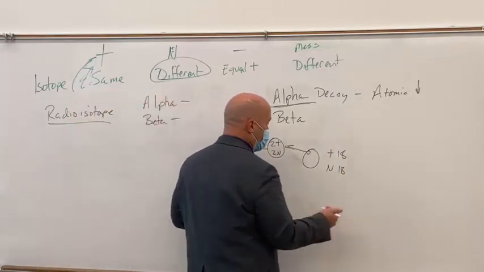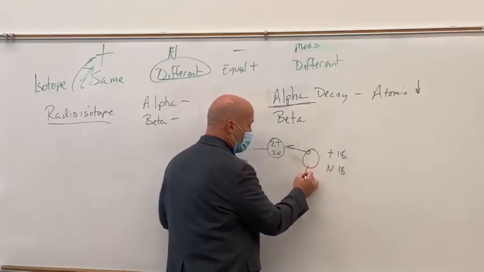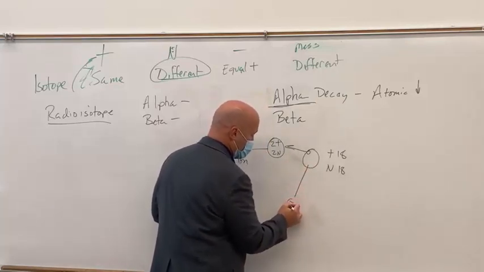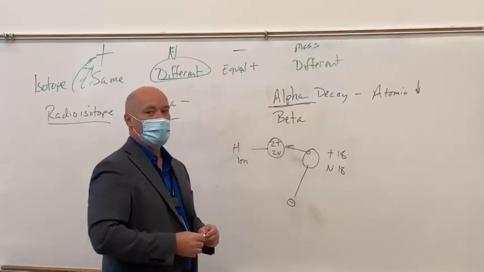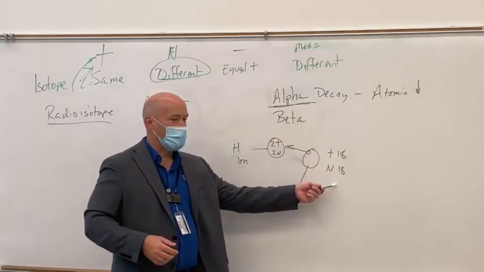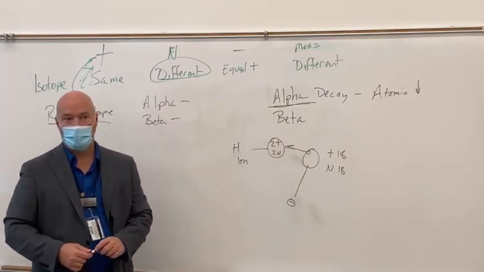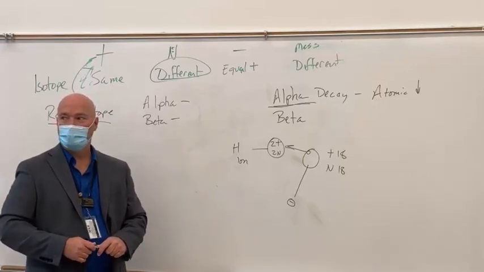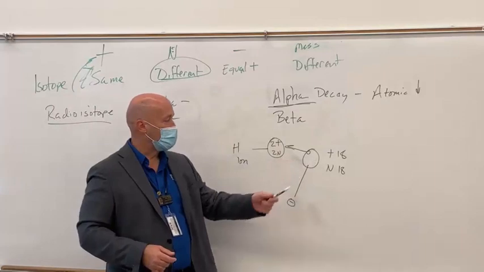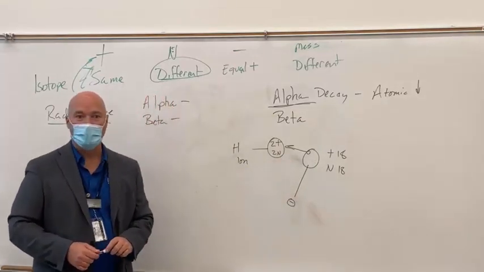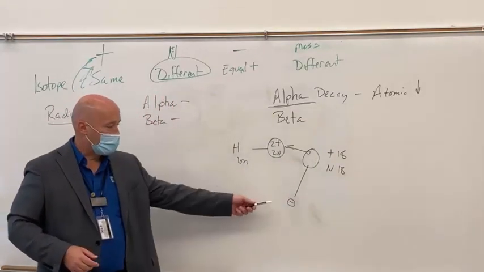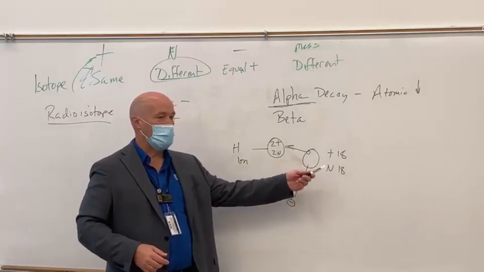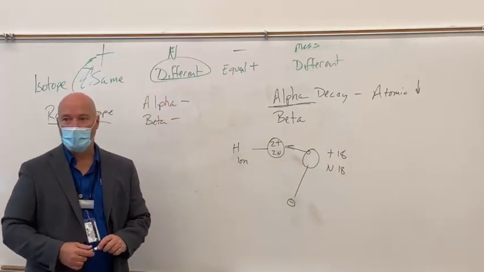It can undergo a beta emission. And with a beta emission, what you get is an ejection of an electron. Well, where'd the electron come from if we've got positive charges and neutral charges? Well, we're still working on this argon nucleus right now. So how did we get an electron out of a nucleus where there was no negative charge?